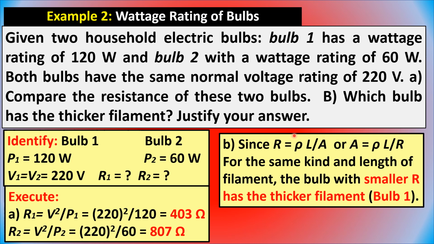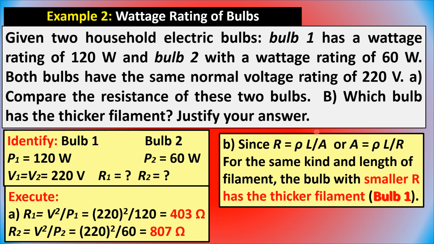Imagine the filament to have a cylindrical shape, and therefore it has a certain thickness. The cross-sectional area simply means we are getting the area of that circle that describes the cylindrical shape of the filament. So it is pi r squared, correct?